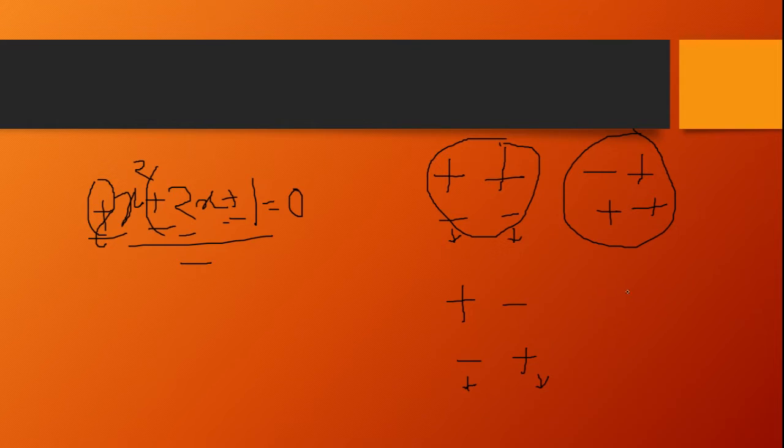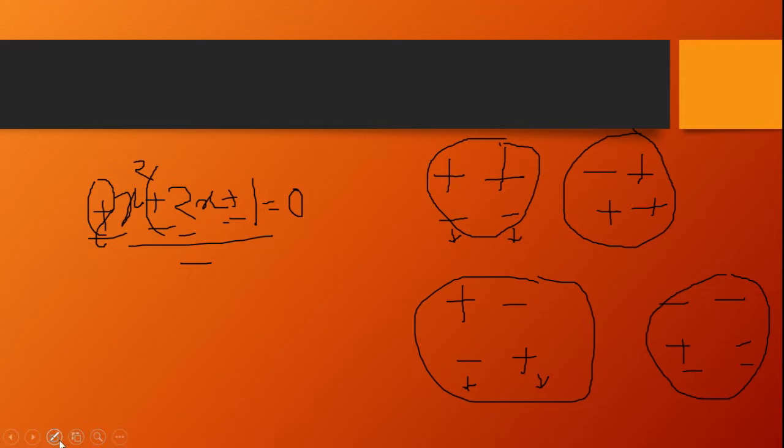And if the last two signs are minus and minus, then the roots will be plus and minus. So one positive and one negative. The greater root is positive and the lesser root is negative. So that's the rule. So let's take some examples.